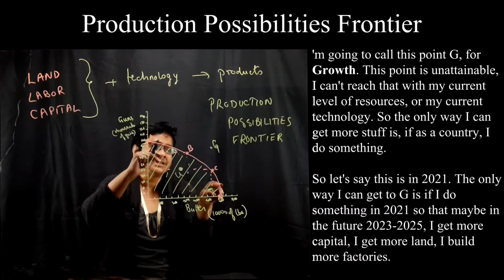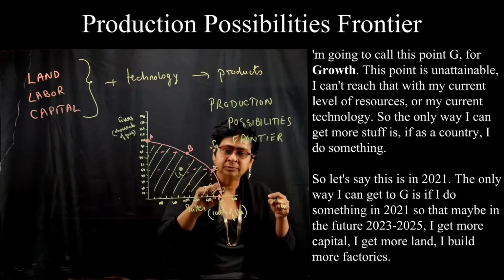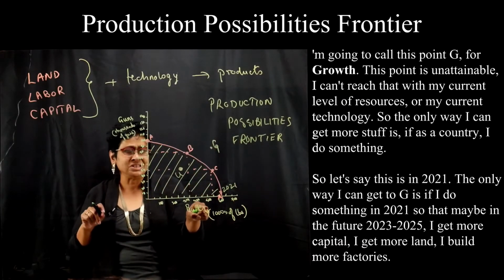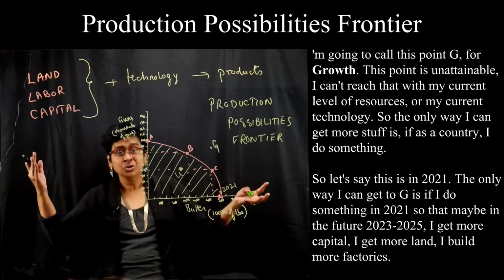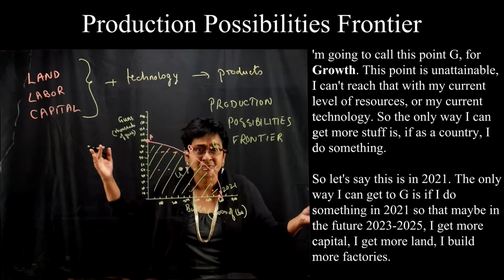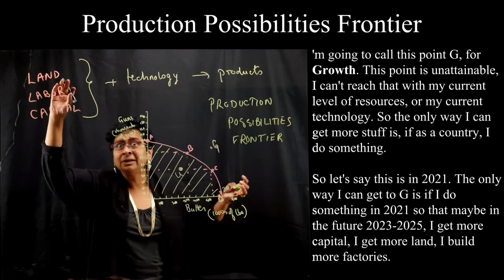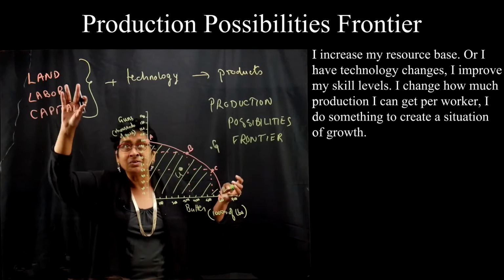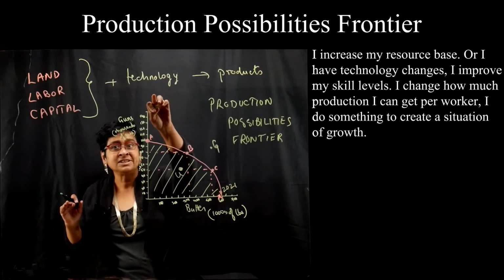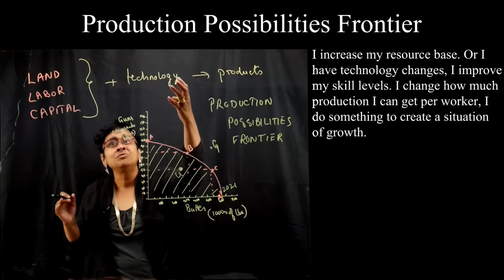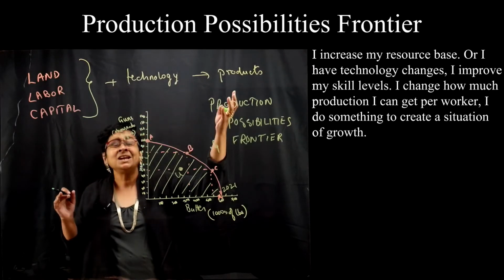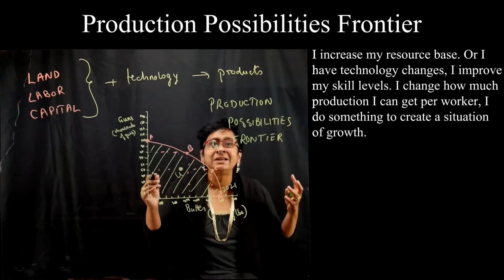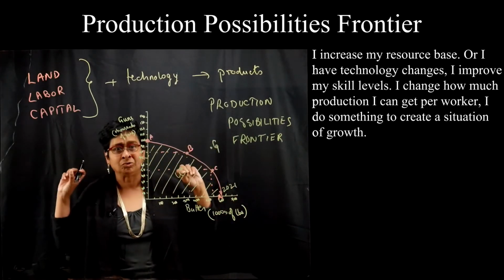So let us say this is in 2021. The only way I can get to G is if I do something in 2021, so that maybe in the future, 2023, 2025, I get more capital, I get more land, I build more factories, I increase my resource base, or I have technology changes. I improve my skill levels, I change how much production I can get per worker, I do something to create a situation of growth.